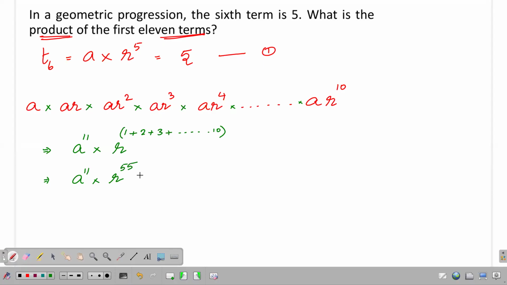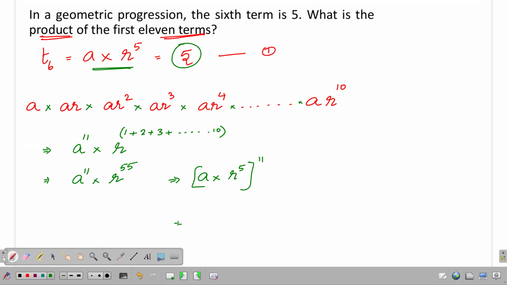So it comes as A power 11 into R power 55. So this can be now rewritten as A into R power 5, the whole raised to 11. But you very well know that A into R power 5 is equal to 5.